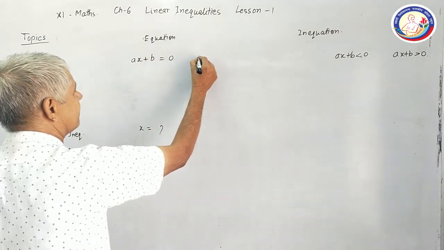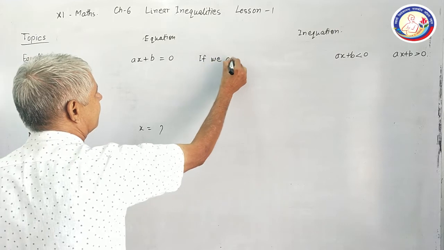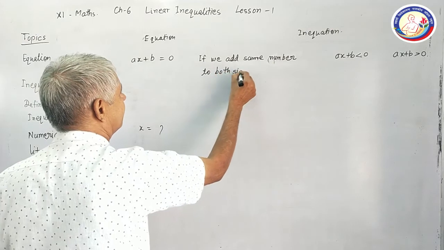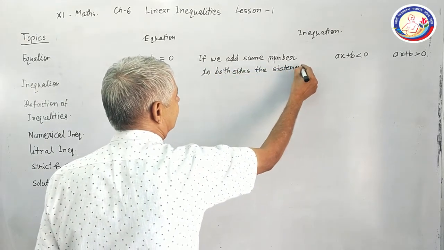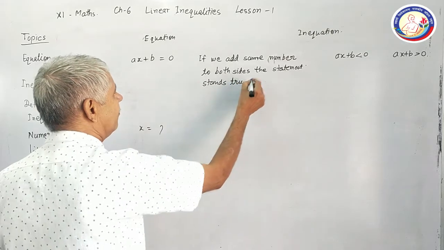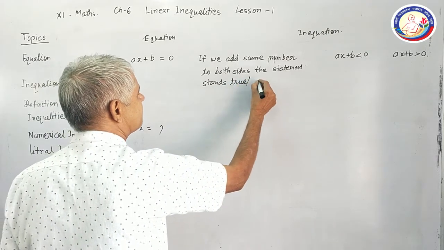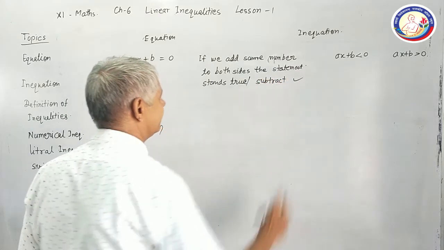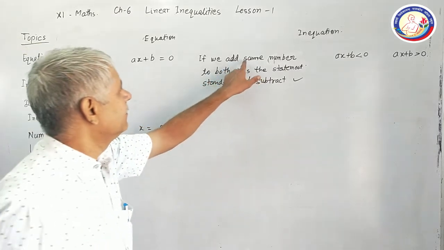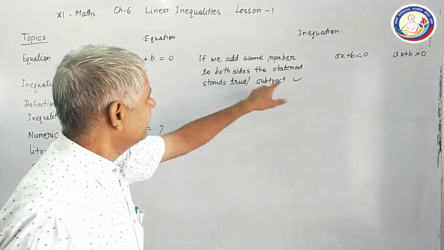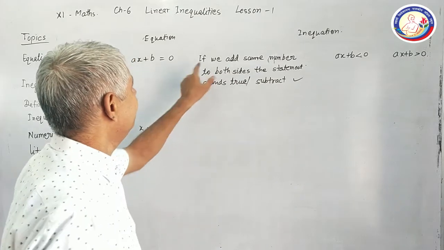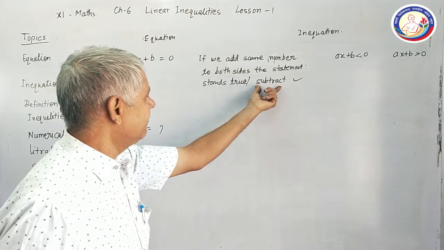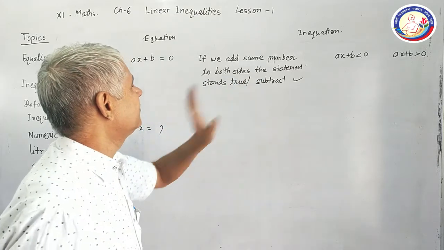We can add or subtract, again true. If we add the same number to both sides and if we subtract the same number from both sides, the statement stands true.